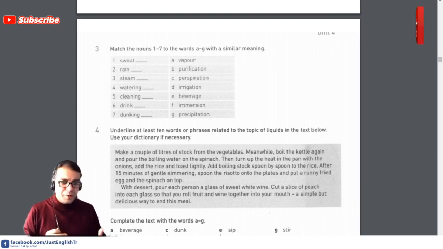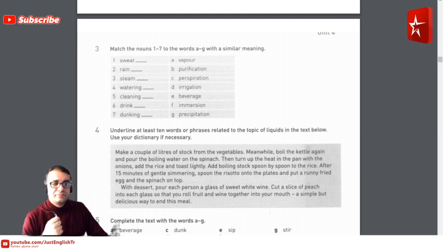Come on, show me more. Only Typhoon answered the question of number 7?